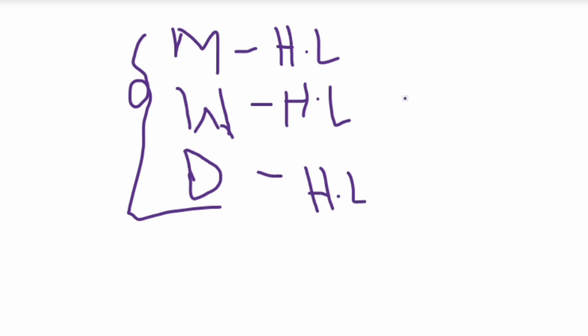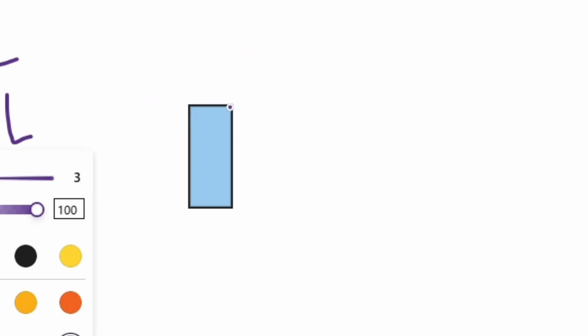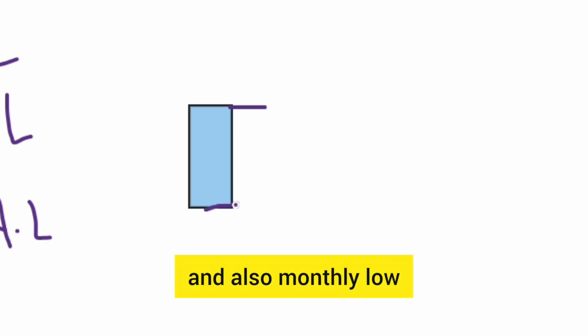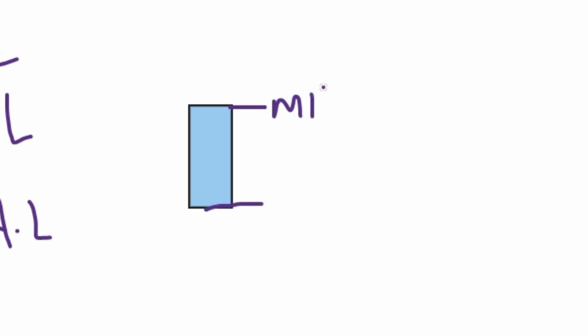So if the monthly time frame, let's say, was bullish, what I do is I mark the high and I also mark the low. I call it monthly high. What I expect price to do is, let's say this was the opening price, around here was the opening price, and this is the closing price.